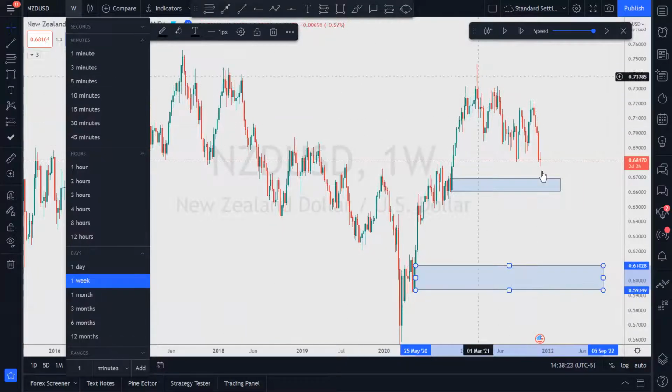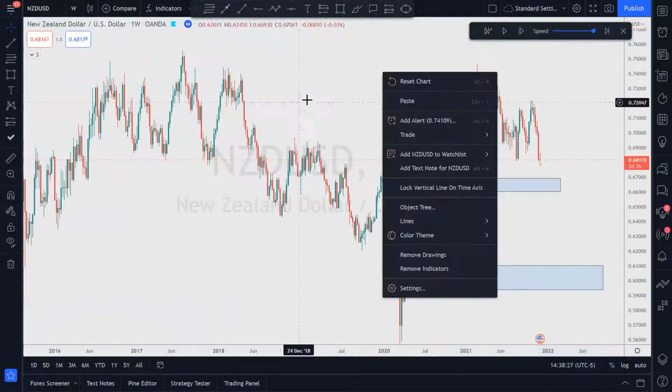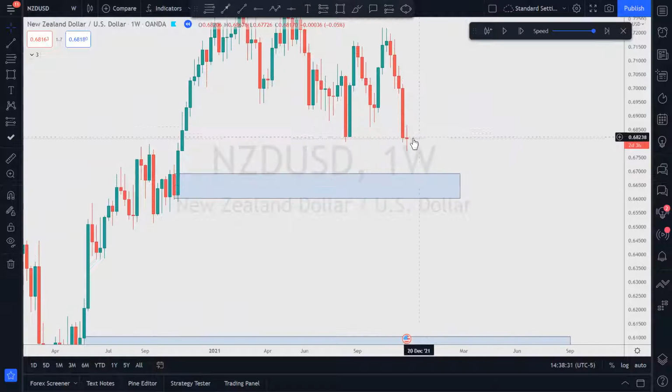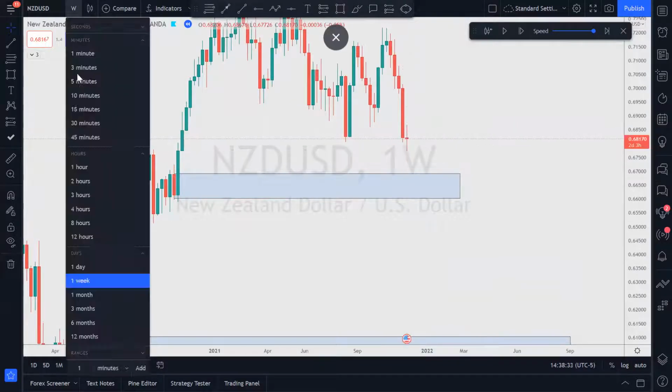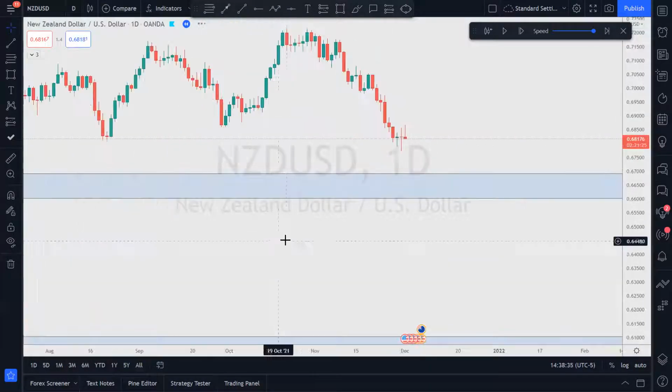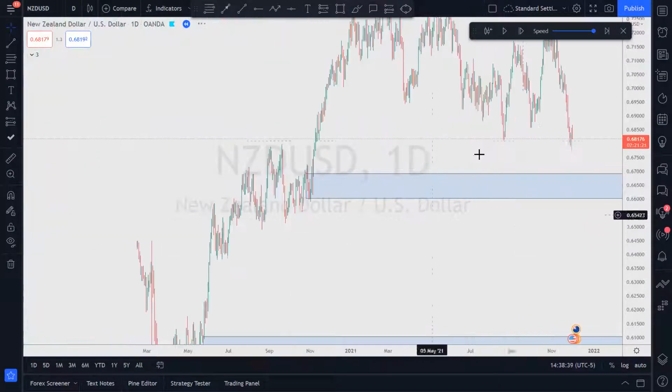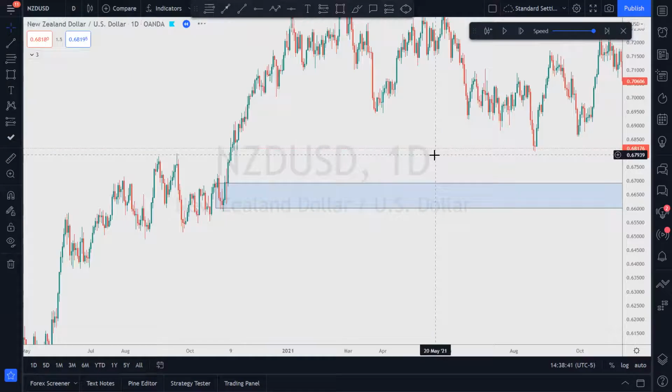All right. So I really want to find something that goes along with the bias, but I want you to pay special attention, like I do, to this area. If we go back to the daily, we can see there's some indecision going on here. Why? Let's look left. What's going on over here?